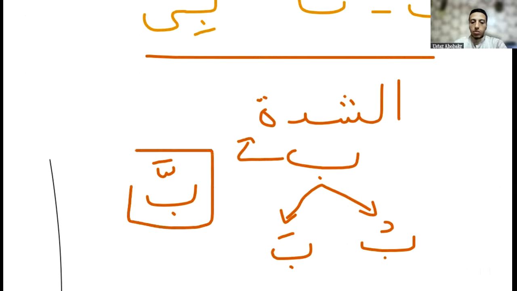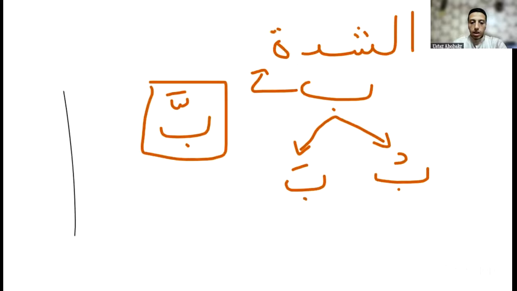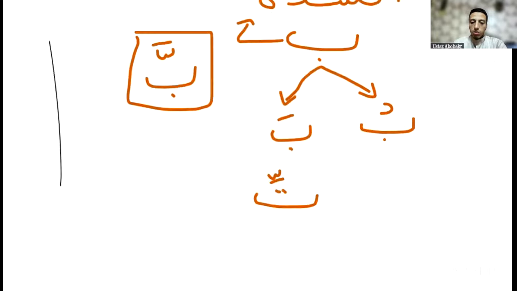It can be with fatha, kasra, or dhamma. For example, if we have ta with shadda and kasra, this is going to be two ta letters. The first one is ta with sukun. The second one is ta with kasra.